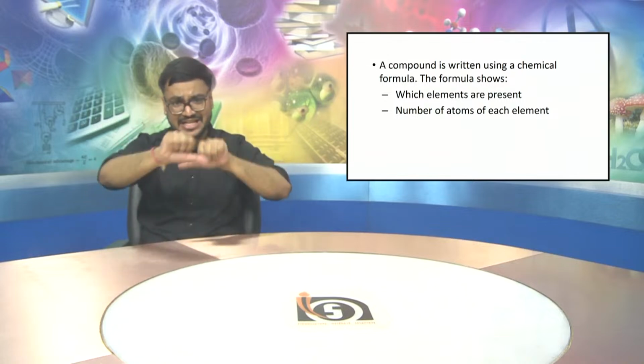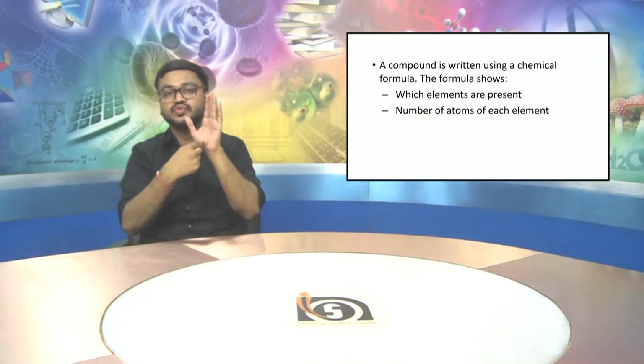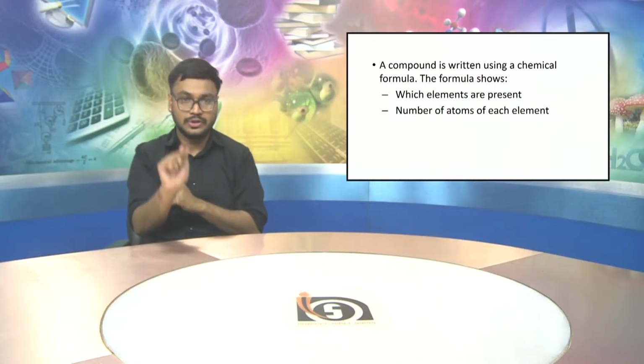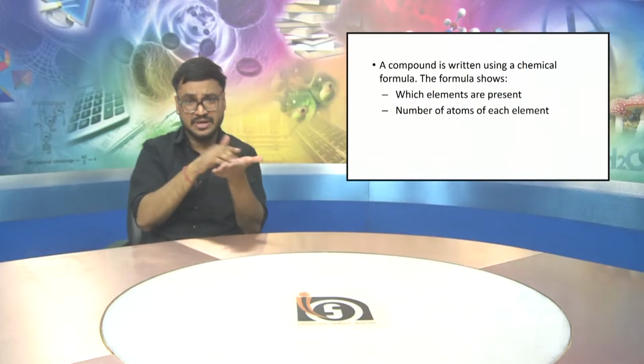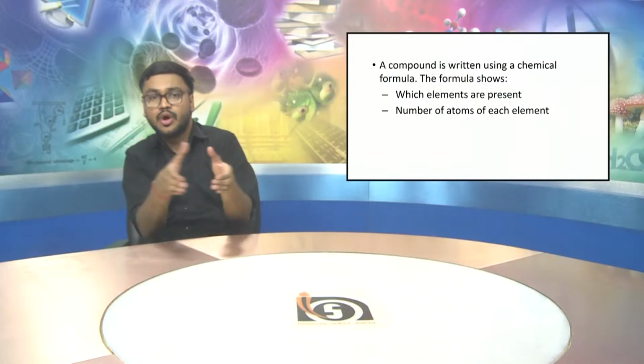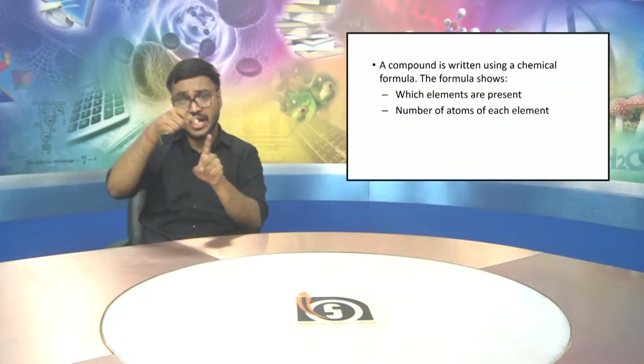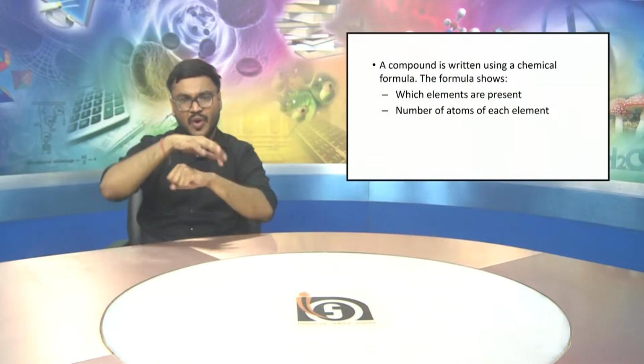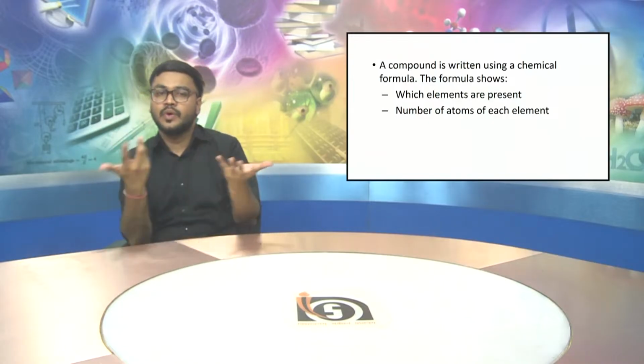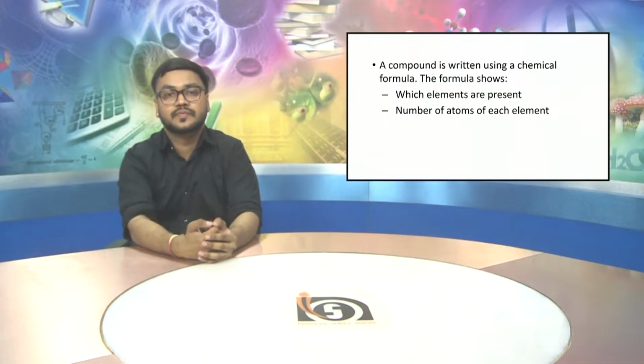The compound is written using a chemical formula, and the formula shows us which elements are present and the number of atoms of each element.